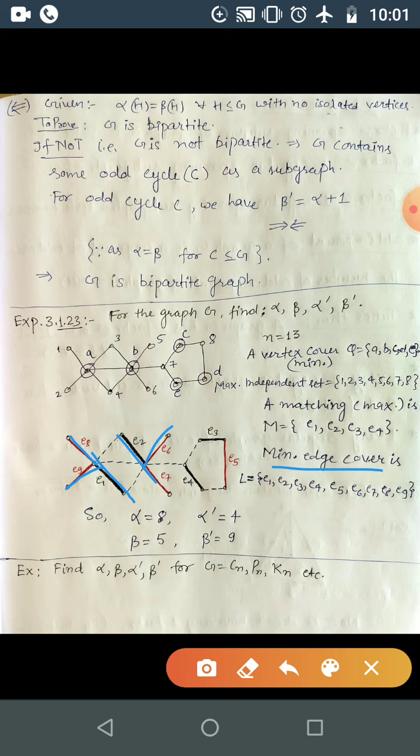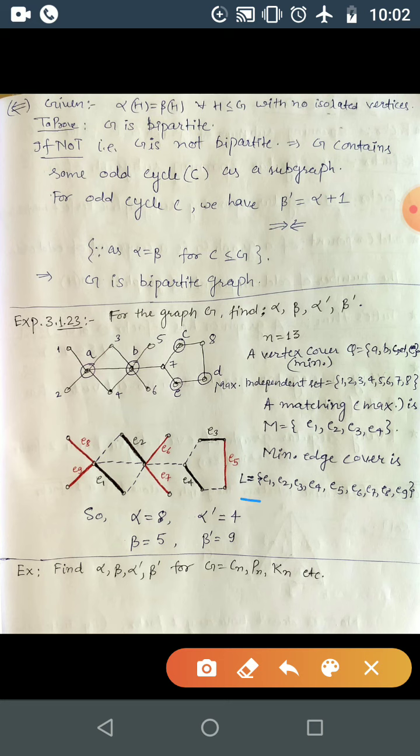Now for these two end vertices, you need two edges, correct? Then this is being covered, this one covered two vertices. Now you can take this as E5, and what about this vertex? Now you need to take either this or E3. So here I have just taken E3, doesn't matter, you can choose the other edge also. Okay, so E1, E2, E3 and E4 up to so on up to 9. So how many edges? 9. So this is the minimum edge cover.